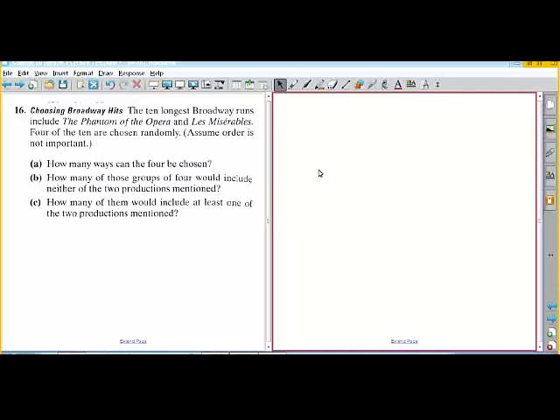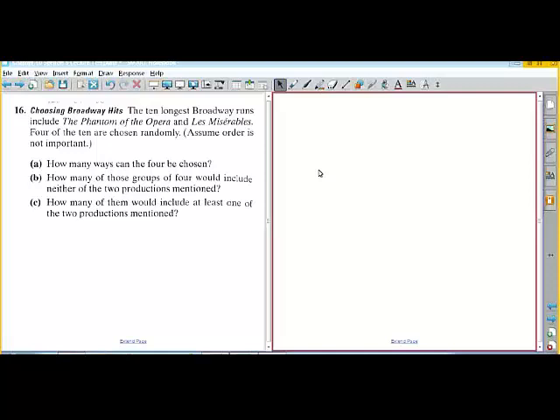And in this case, it tells you that the order is not important, so it kind of gives that away. And secondly, for combinations, you don't allow repeats. So you wouldn't watch Les Mis twice. You could because it's really good, but you probably wouldn't if you were picking 4 different ones. So we can use combinations.